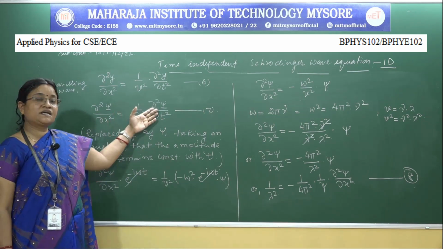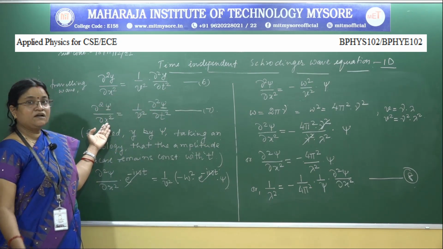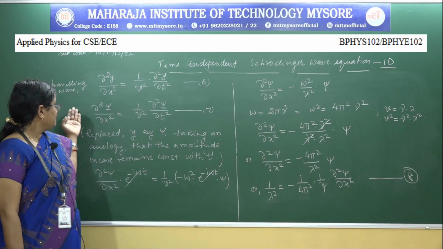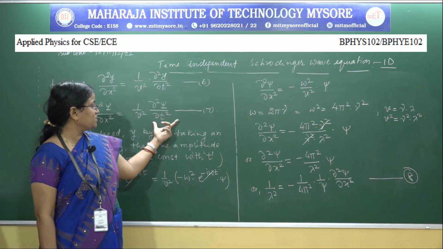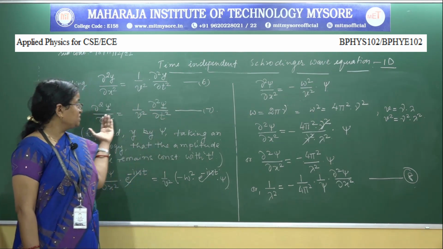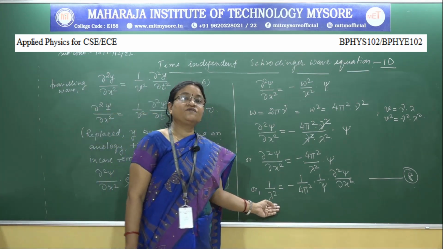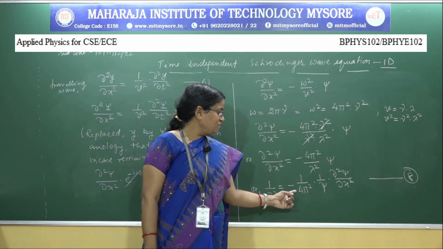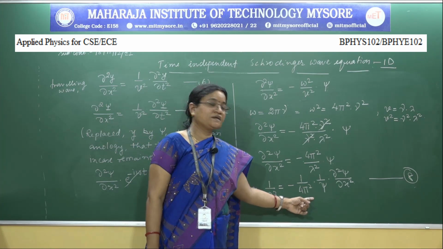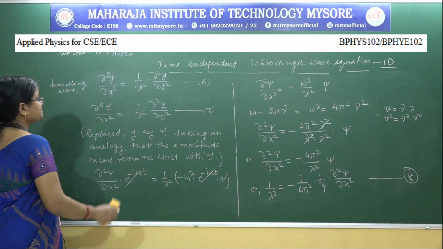We have considered the travelling wave equation, and by analogy we have now our own stationary or the travelling wave equation, which is dou square psi by dou x square equals 1 by v square dou square psi by dou t square. We have substituted the differential value and we have arrived at the wavelength equation, that is 1 by lambda square is equal to minus 1 by 4 pi square 1 by psi dou square psi by dou x square.